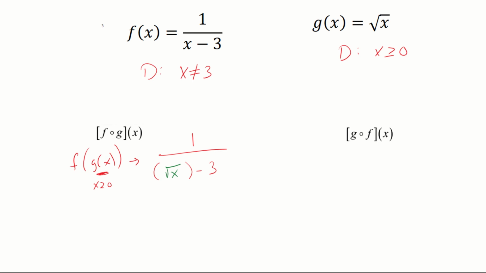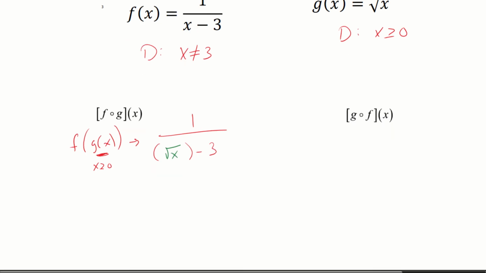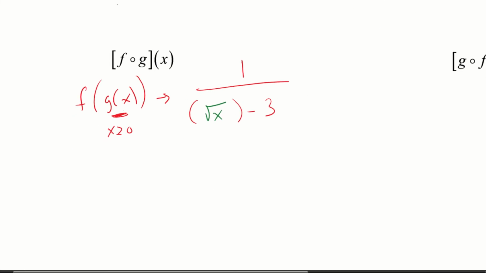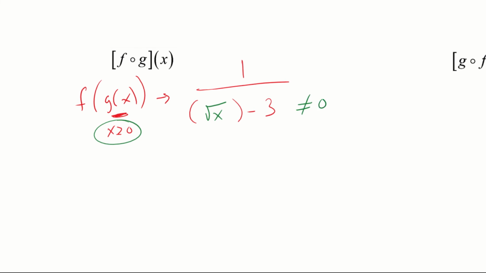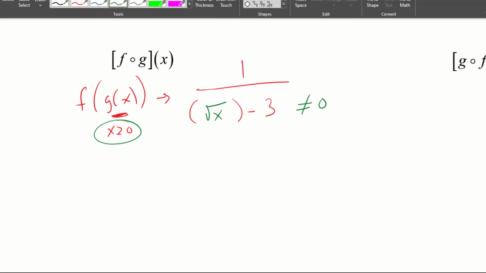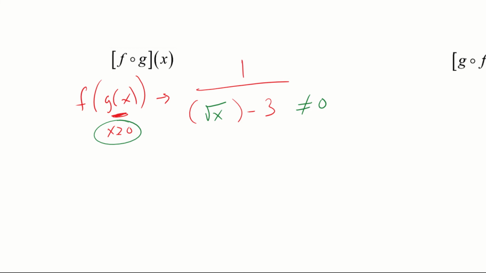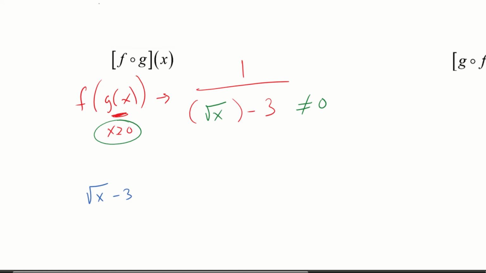Now we have a fraction, and we already have this restriction on the domain, but we have this new restriction where the bottom cannot be 0. That's what we're going to focus on to figure out my next domain restriction. We have root x minus 3.